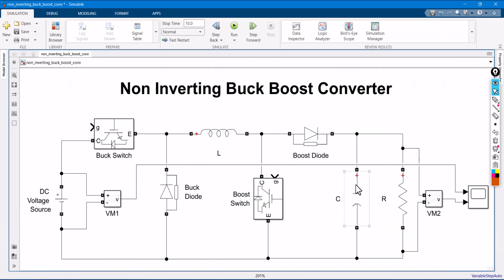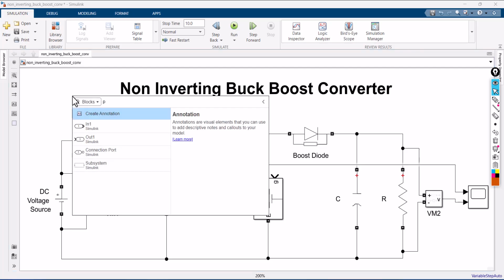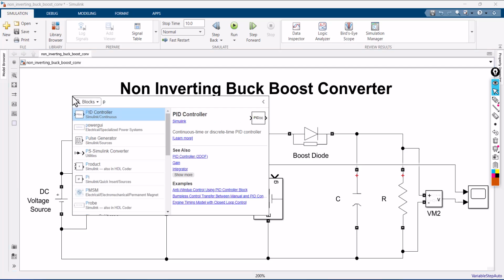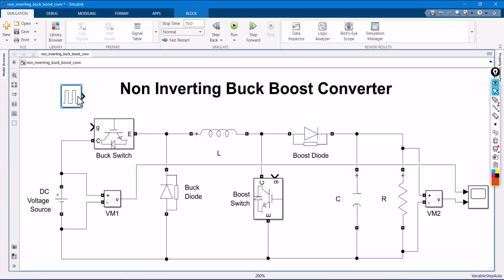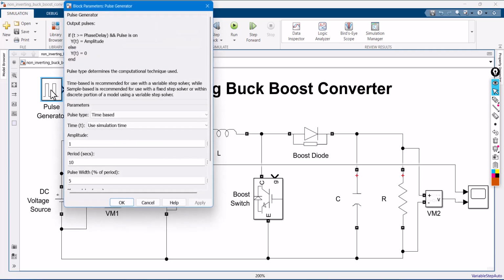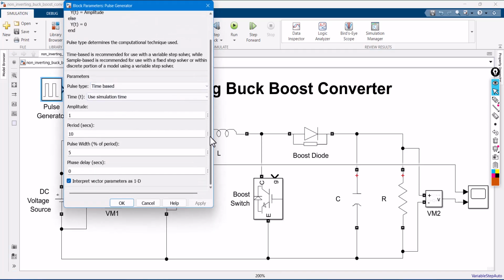If I want to activate the switch, I need a PWM or pulse generator. So this is a pulse generator. Let me fix the values.